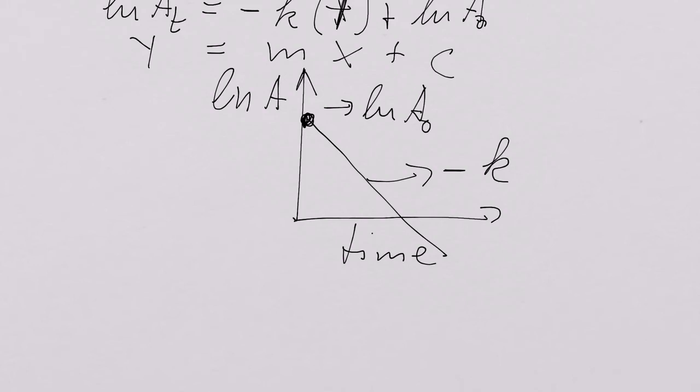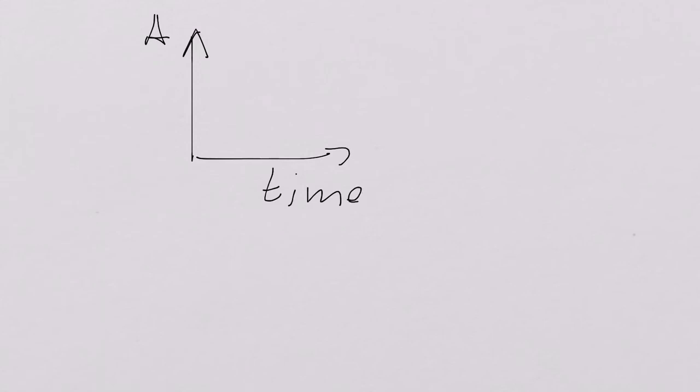So, little question for you. I have a reaction. When I plot A versus time, and I get something like that, what order is it?